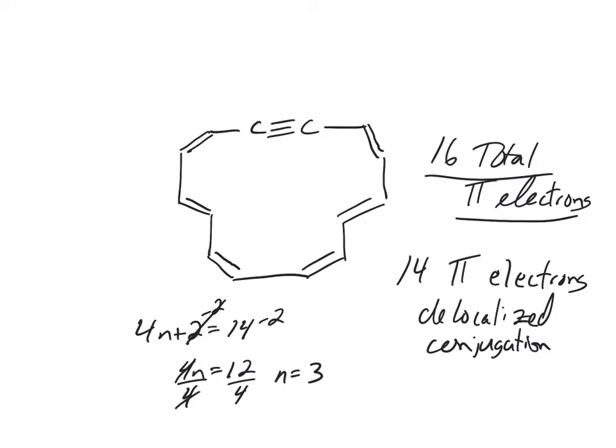This compound is aromatic. You could also look at it and say how many pairs of electrons are in the system, and it's 1, 2, 3, 4, 5, 6, 7. That's an odd number, also aromatic. This is remembering hybridization state and geometry, right? It all comes back to that. We've got to remember those things.